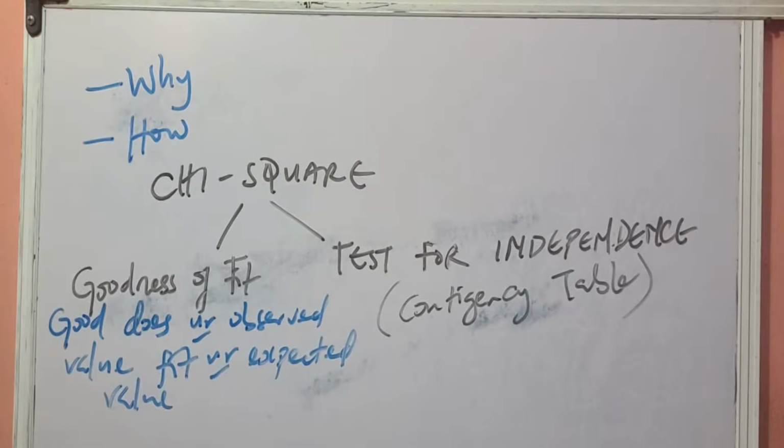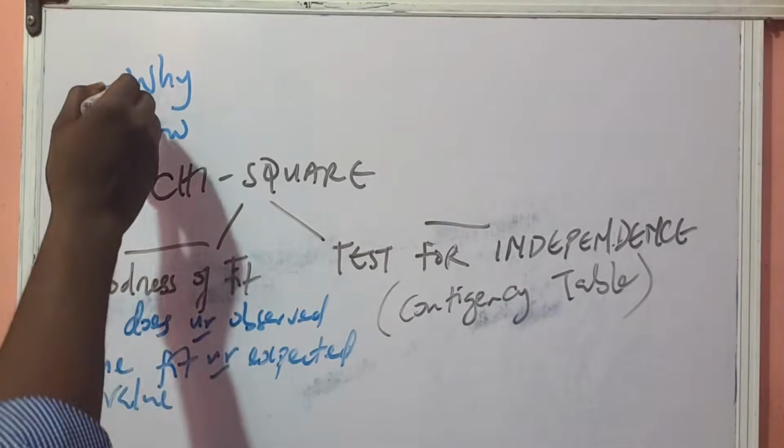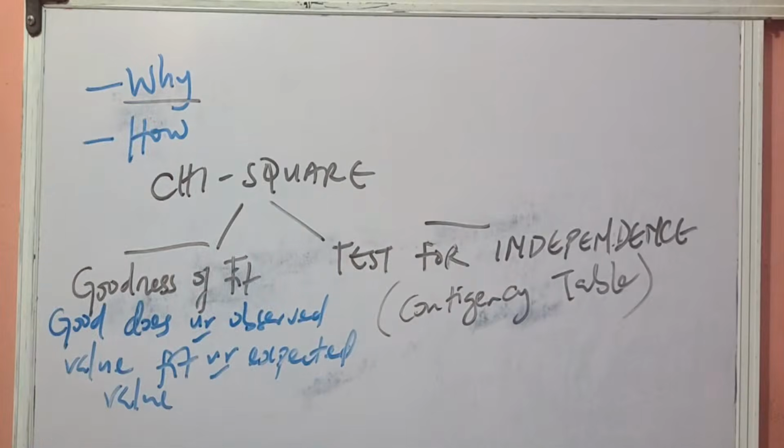So we need to spend a little bit of time explaining why you use a chi-square. That will all come through the explanation of each of the different types of chi-square. The why is very important for you to note, because if you don't know the why, then you won't know what questions you're supposed to use a chi-square for. The other one is the how. How do you go about it?